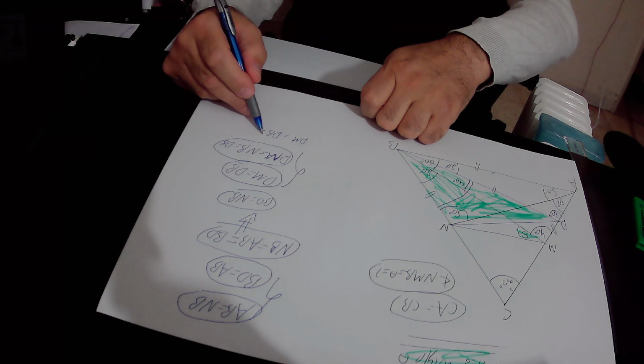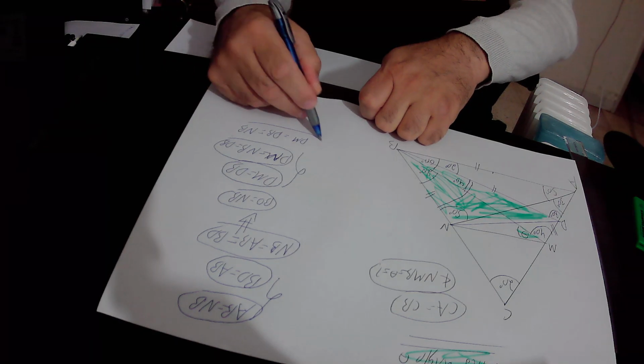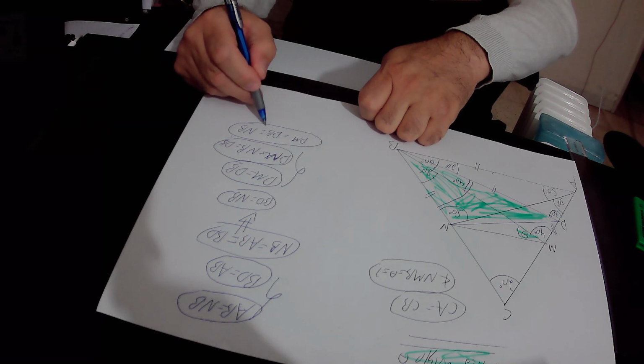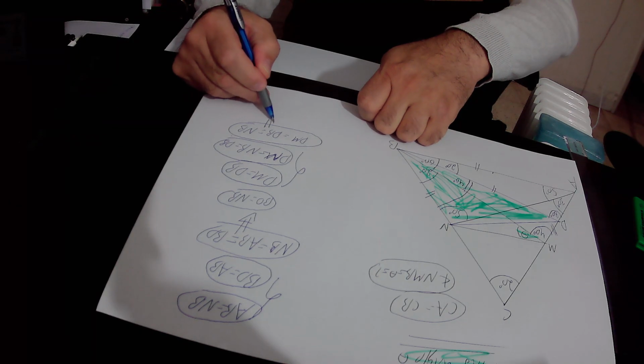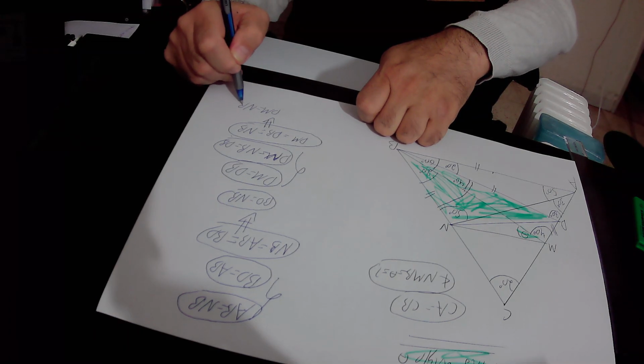So we can write here that DB equals NB. And from DM equals DB equals NB, we derive that DM equals NB.